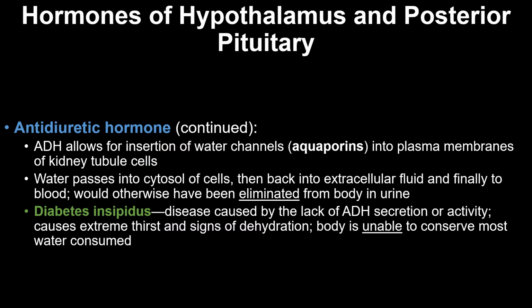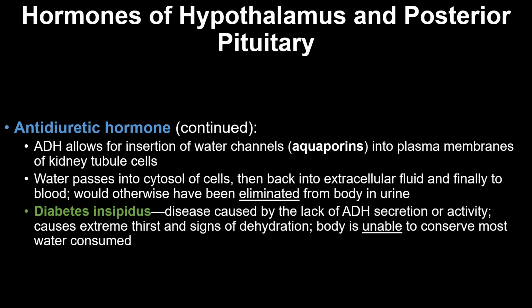So you can understand ADH a little bit better, we're going to look at a kidney diagram here briefly. Note that the fluid that eventually becomes urine is located within small tubules in the kidney, and the relationship between the tubules, the interstitial fluid, and the blood is going to be shown there. But first, ADH is going to increase that amount of water in the body by causing the insertion of water channels called aquaporins into the plasma membranes of the cells forming those kidney tubules.